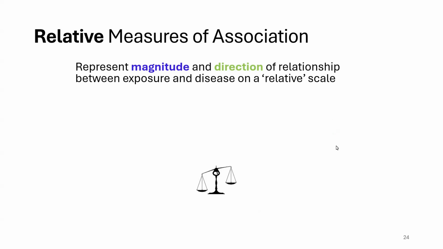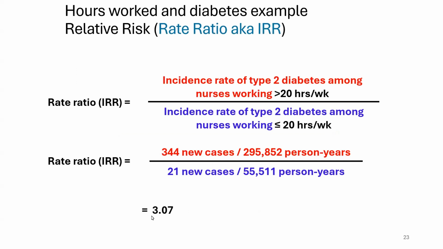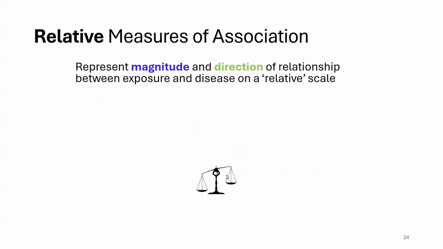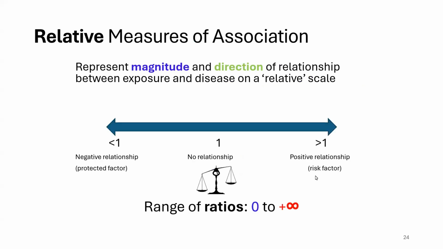So if you look here, this is definitely greater than 1. So working more than 20 hours could be determined to be a risk factor for type 2 diabetes. And the further this gets from 1, the greater the magnitude. When the risk ratio or rate ratio is less than 1, we consider it to be a negative relationship, or it can be a protective factor.